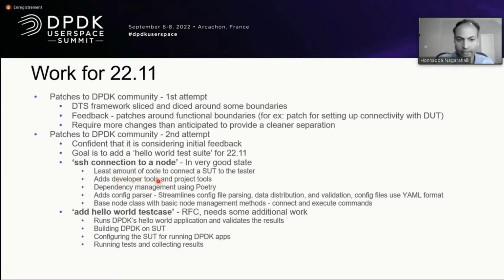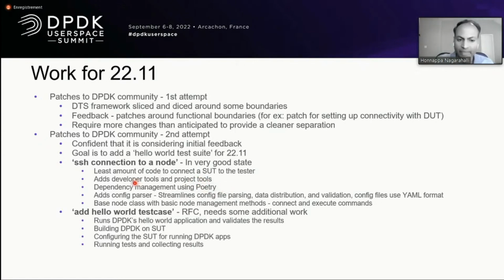Developer tools are like Pylama, which is like a checkpatch tool, and then we have things like Black and isort, which developers can make use of as well. We also have some project tools and various configurations that these tools need. We are managing the dependencies using Poetry, so there are some configurations related to Poetry available there.